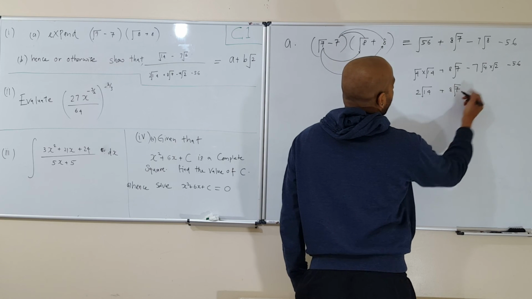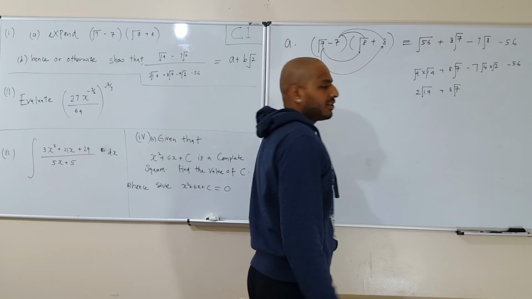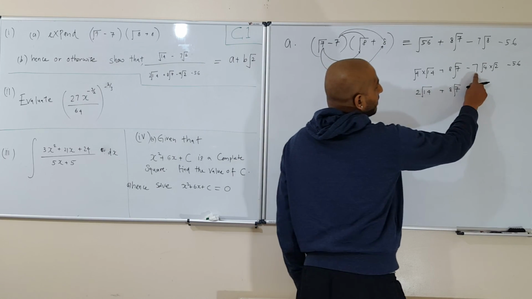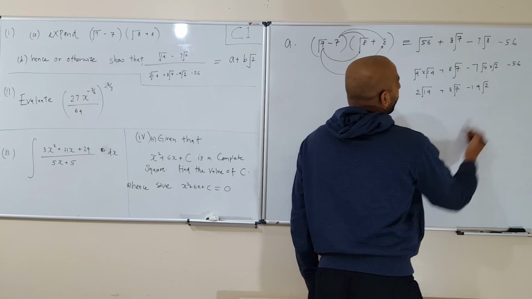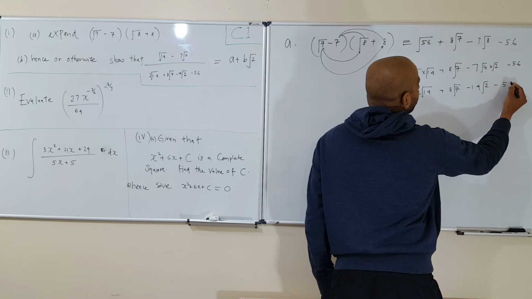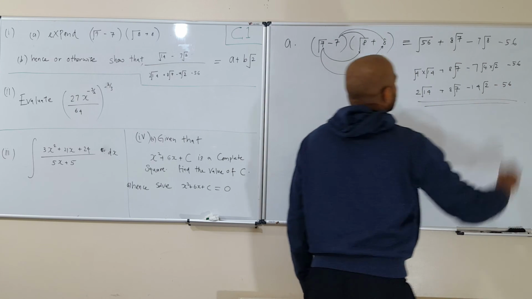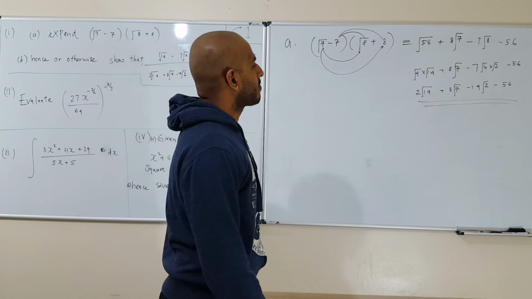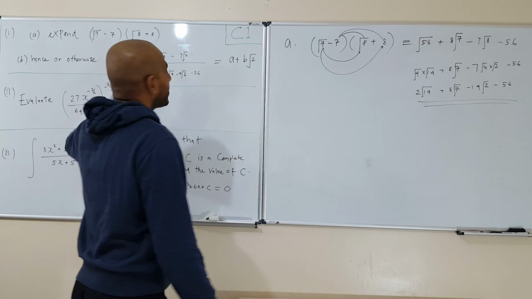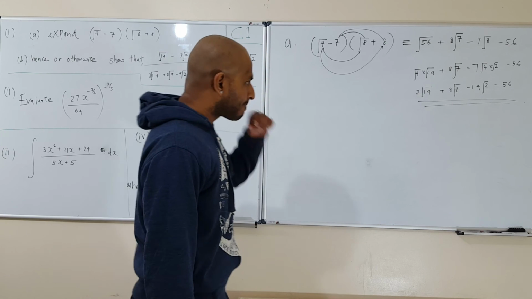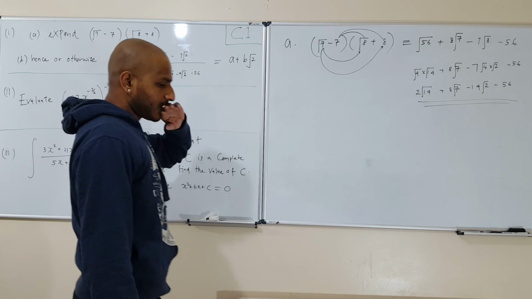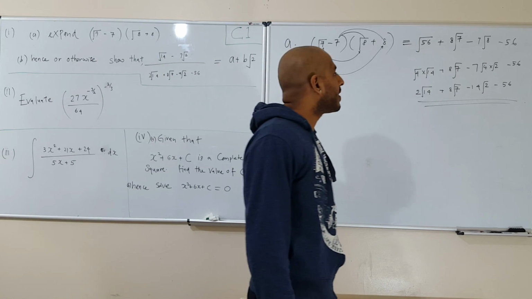Here root 4 is again 2, 2 times 7 is 14, minus 14 root 2, minus 56. So that's the most simplified version of the answer. If they ask you to expand and simplify, you have to simplify as much as possible. Otherwise, even though your answer is right, you might lose some marks.